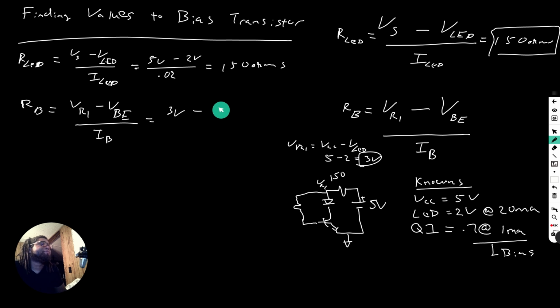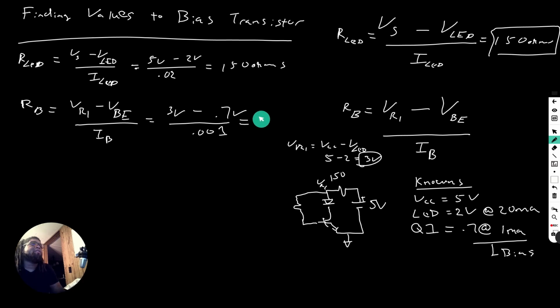minus VBE, which we know is our bias voltage, that magical number 0.7. Okay, 0.7 volts, and then our current, 0.001, which is our base current. So this will tell us what resistor we need to turn this thing on. 3 minus 0.7 over 0.001.